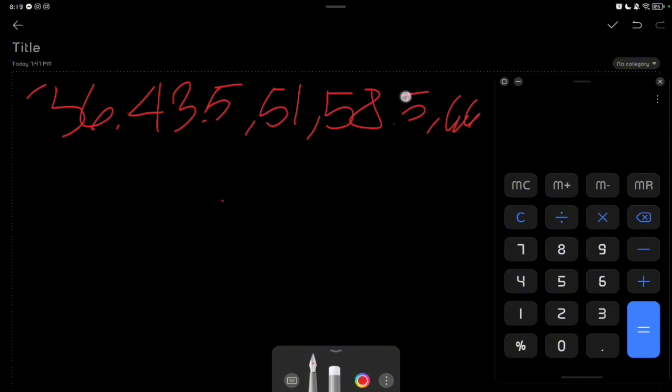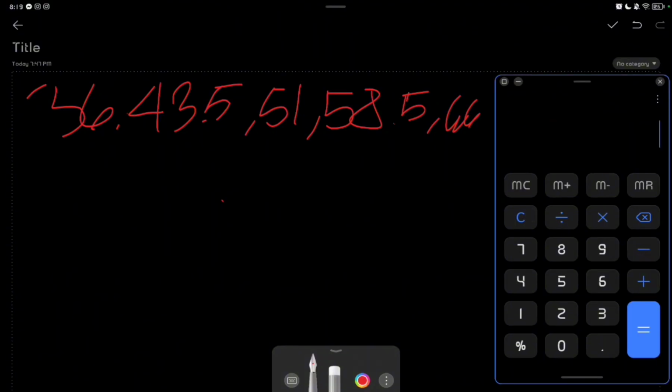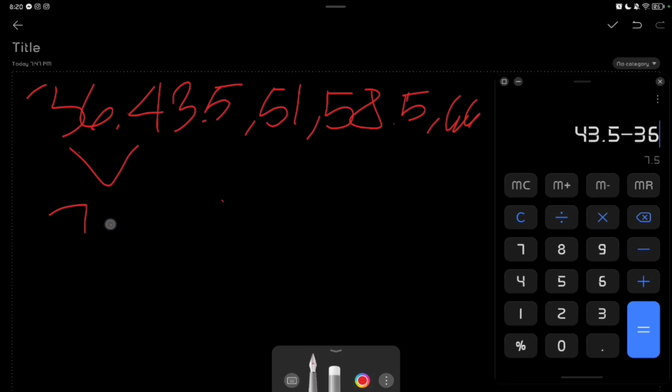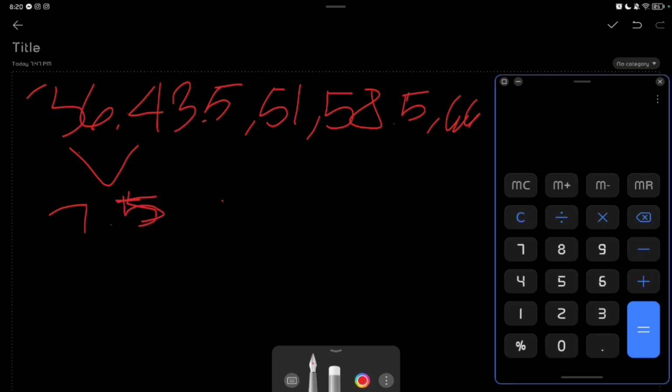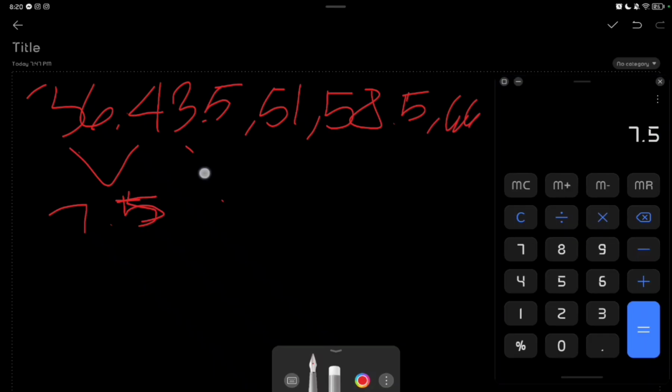So again, we will subtract to get the pattern. Like this, 43.5 minus 36. It is 7.5. We will write it 7.5. And then 51 minus 43.5. Still 7.5. Now we can see already the pattern.